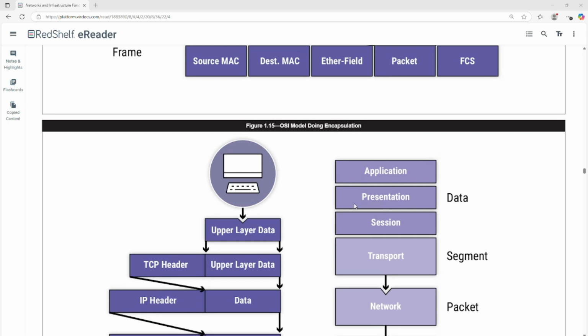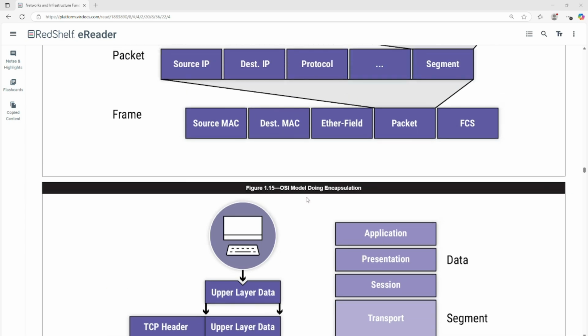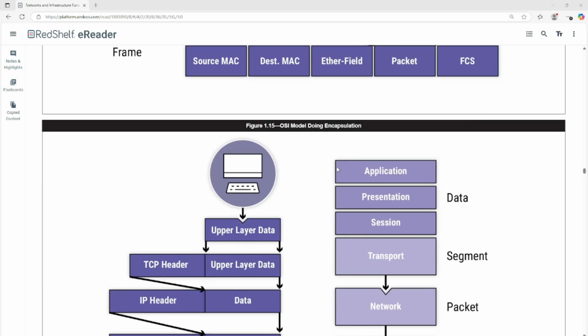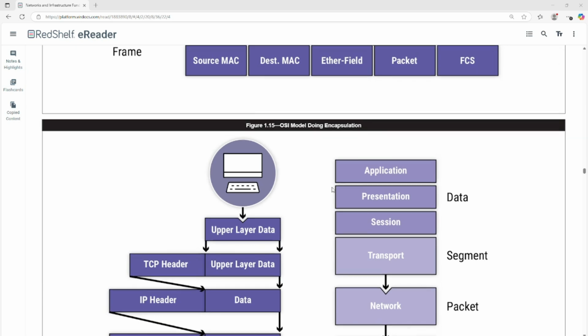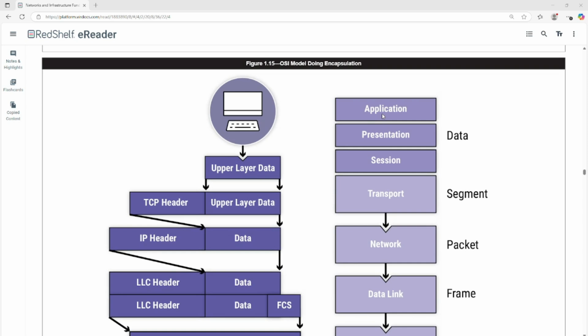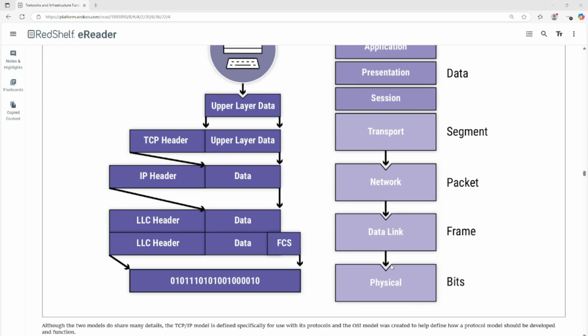The diagram in figure 1.15 shows the OSI model doing encapsulation. Like I said, both models use the concept of encapsulation. This shows how it's done in TCP/IP, and this one shows how it's done in the OSI model. In descending order, from application down to data link, at the top it's called data. Down at the transport layer it's referred to as segments. When you have it as data, it's got the upper layer data.